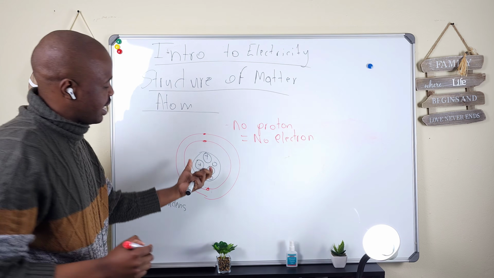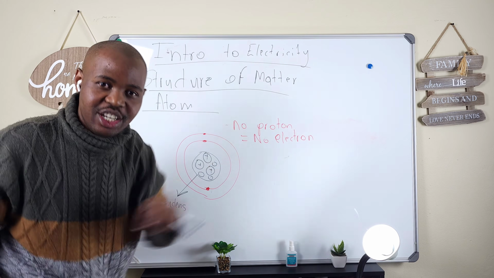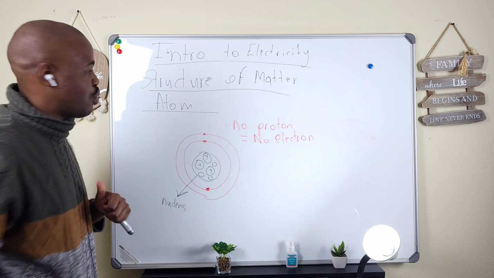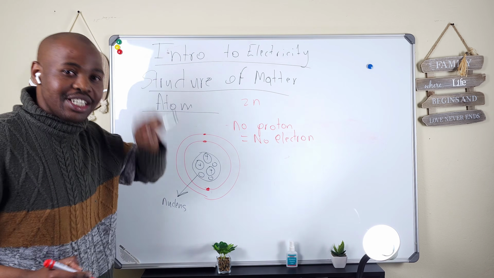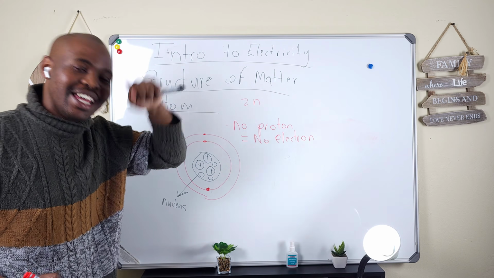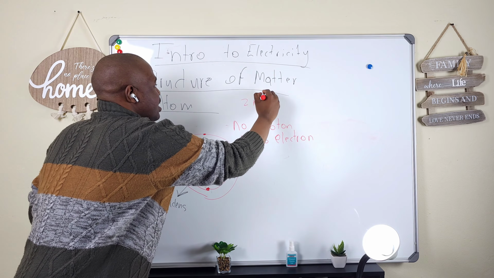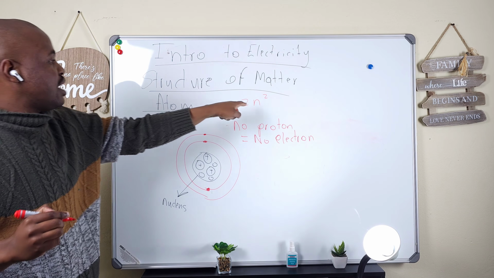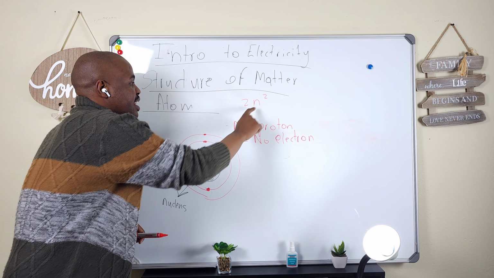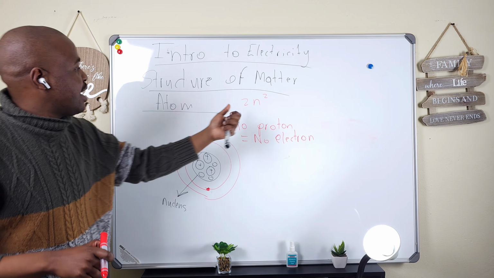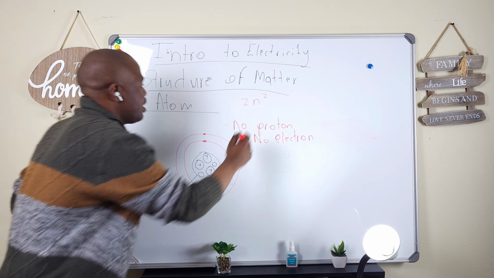In the first orbit I can only accommodate 2 electrons. You know that from N1, the formula to determine the number of electrons that each shell can hold is 2n to the power 2, where n is the number of the orbit.